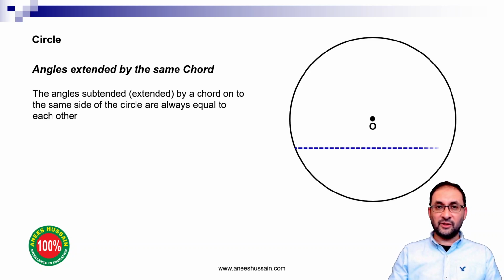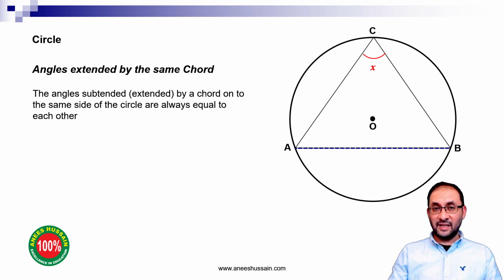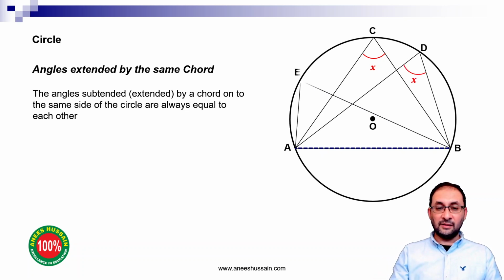So for example, if I use chord AB here to subtend angle C onto the circumference, and if that angle is X, then any other angle subtended by AB on the same side of the circle will also have a measure of X degrees, which means that angle D here would be X degrees, and angle E here will also be X degrees. As long as you use the same chord and you subtend the angle onto the same side of the circumference, you will get the same angle.